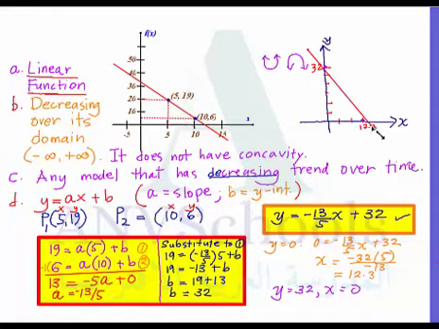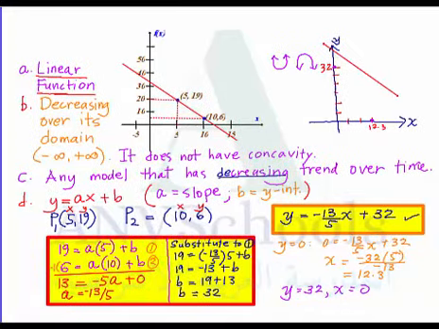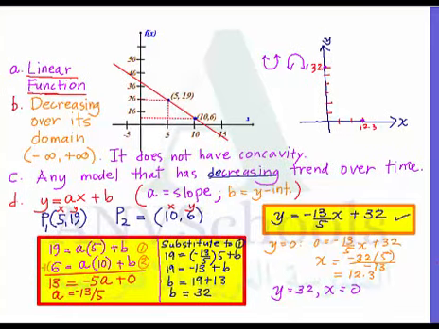Just connect the 2 points. So let's connect them. Okay, like that. So we get a similar graph with this one.